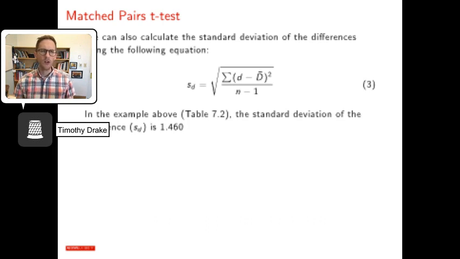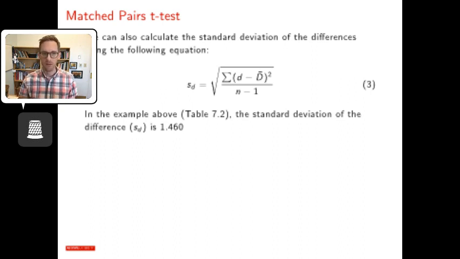Okay, now we also need to know the standard deviation of the difference, and we can calculate that once we've calculated d bar, or the mean difference for all of our matched pairs. So this is the equation we use. Hopefully we're getting a little more comfortable with this, but it is the sum of each deviation or each difference, so each individual d, lowercase d, for each of these matched pairs, that difference minus d bar squared, and we add all those up, and we divide by the sample size minus 1.